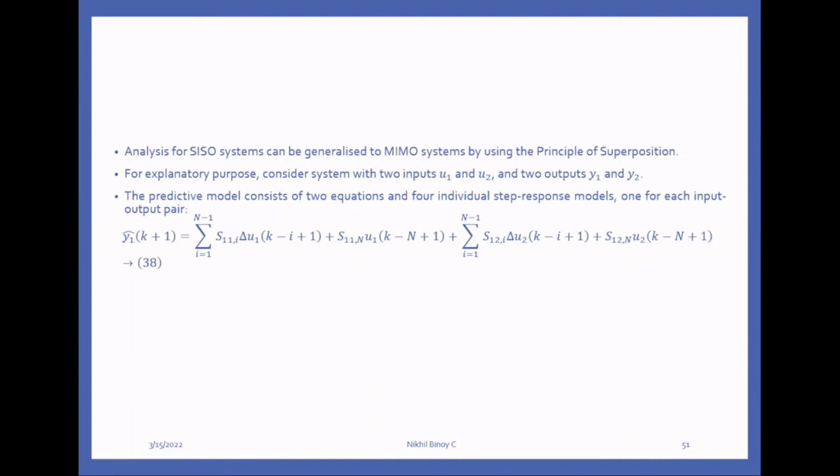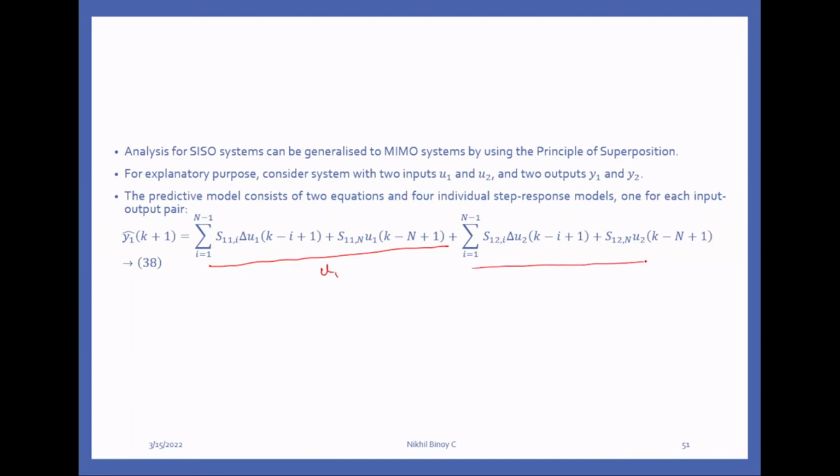So here, just go through this equation. The first two terms correspond to input U1, where S_11 means the first input, first output pair. S_11,i are the step response coefficients of a step response model with input U1 and output Y1.